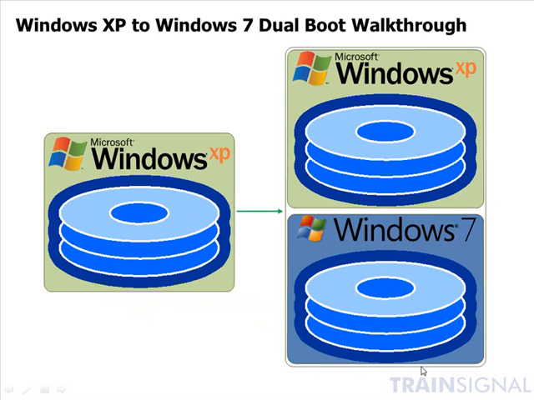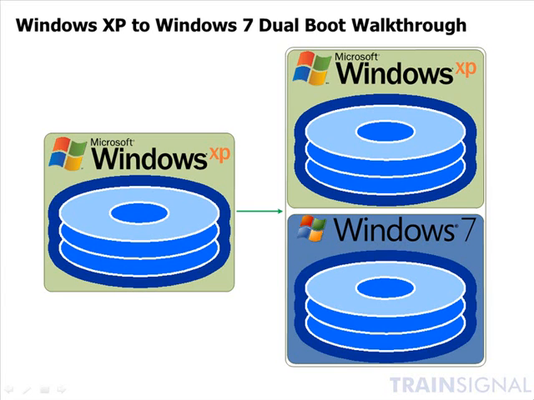The reason I've chosen a blue color for the Windows 7 installation is to differentiate it from the Windows XP installation. It is a different installation. There's nothing in common except the fact that they're running on the same computer, but they're not running at the same time. They're only running one or the other, your choice upon boot. So understand that the Windows XP side of this is going to stay exactly as it does right now. We're just going to shoehorn Windows 7 into the equation.